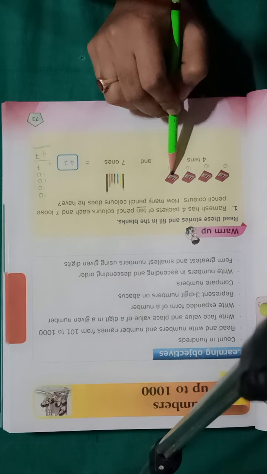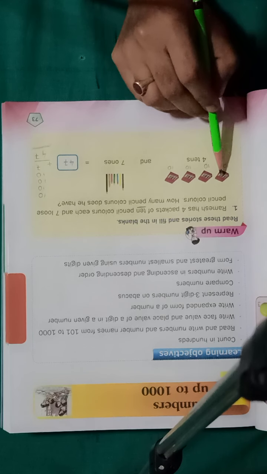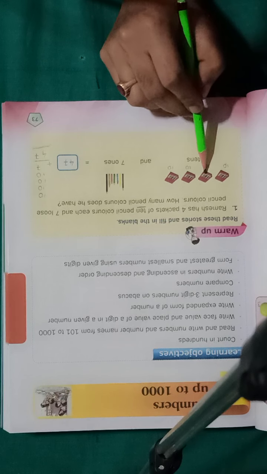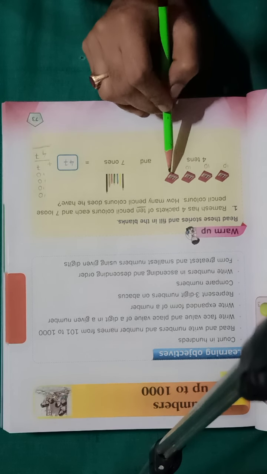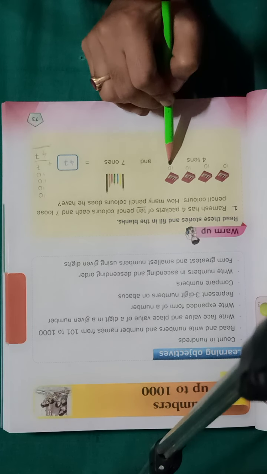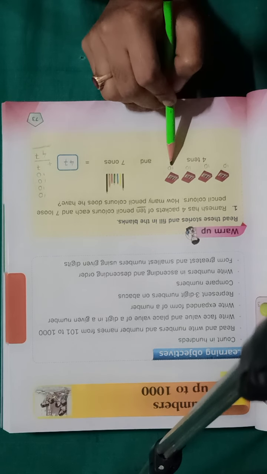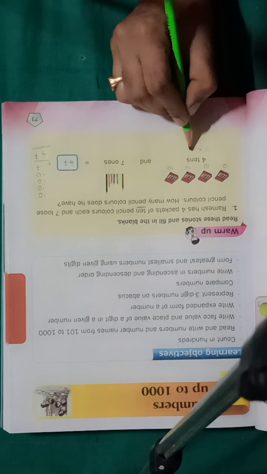So what have you understood here? This is 4 pencil packets. Each pencil packet has 10 pencils. So here 10, here 10, here 10 and here 10. Total how many tens? 4 tens are 40. That means 4 into 10 is also 40.